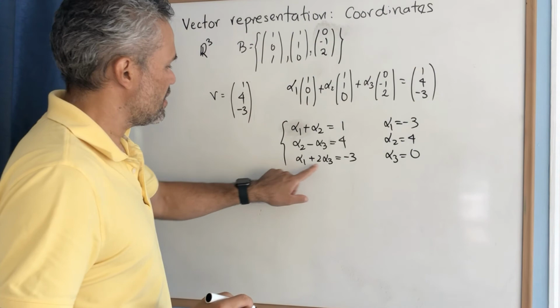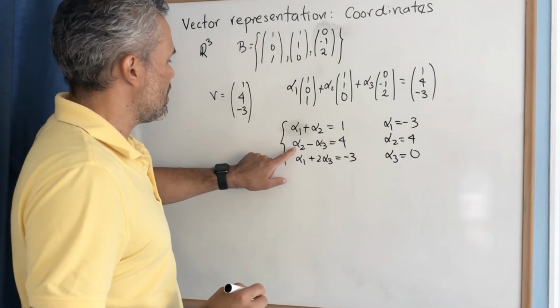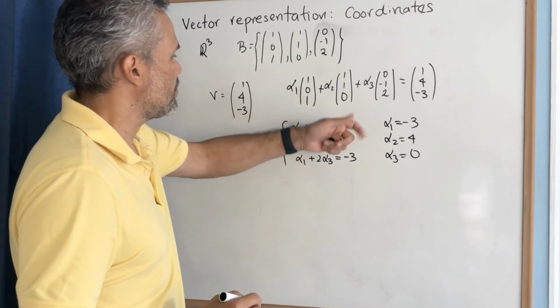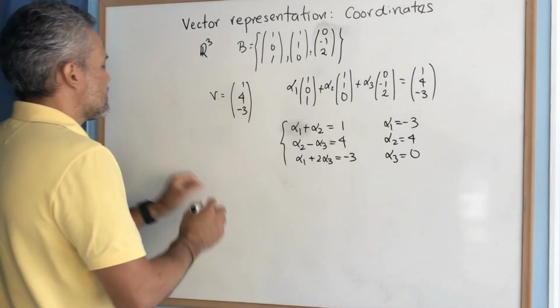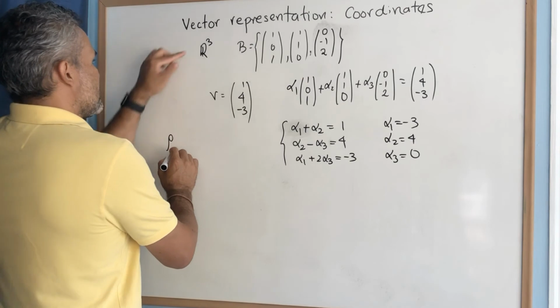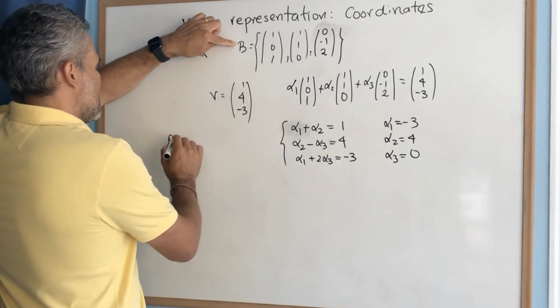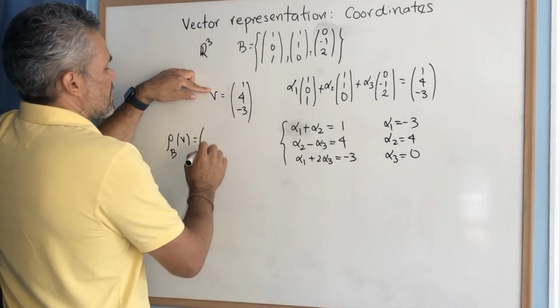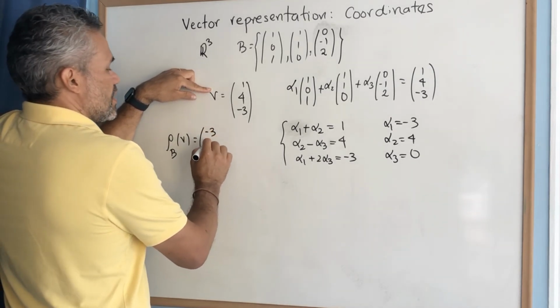We can check this equation is true: 4 minus 0 is 4, and negative 3 plus 4 is 1. That means that the coordinates with respect to this basis B of this vector v is the vector (negative 3, 4, 0).